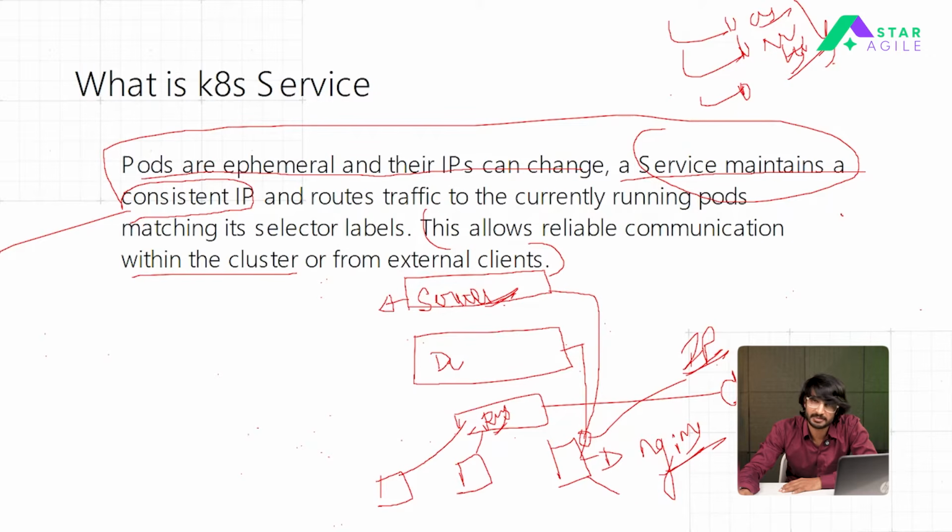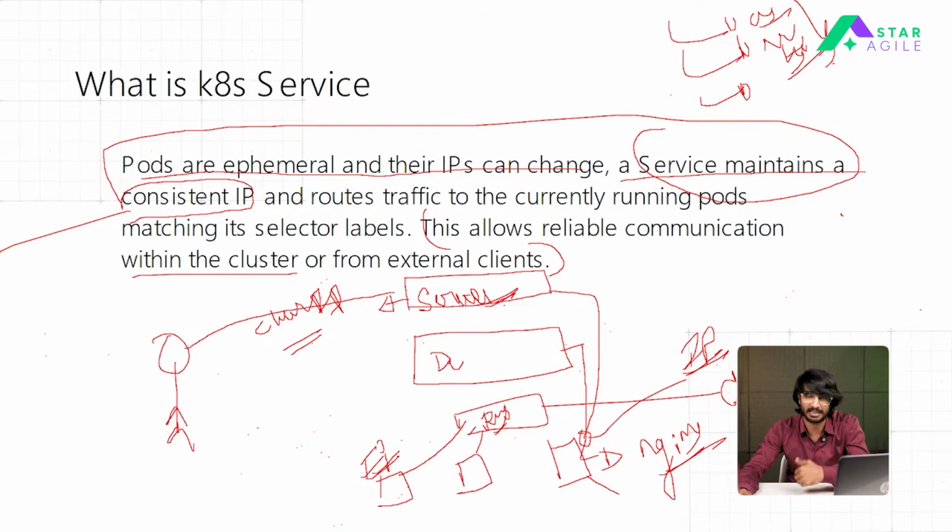When we create a service, a cluster IP is formed. Means a common IP is formed. And whenever a user tries to connect to a pod, he will not be trying to reach out to this pod by using the pod's IP address, because as I discussed, pods will be frequently deleted and recreated.